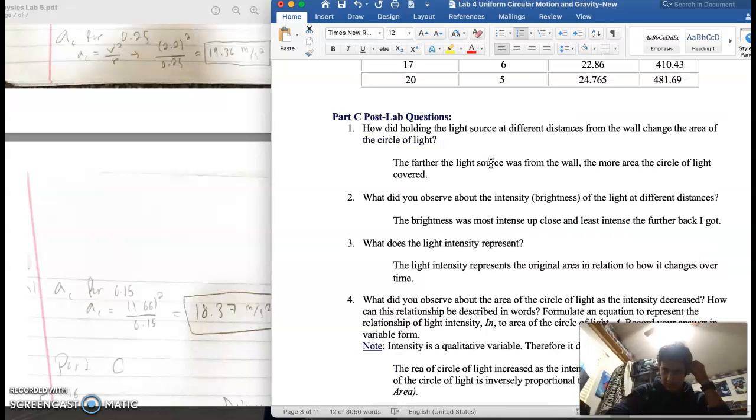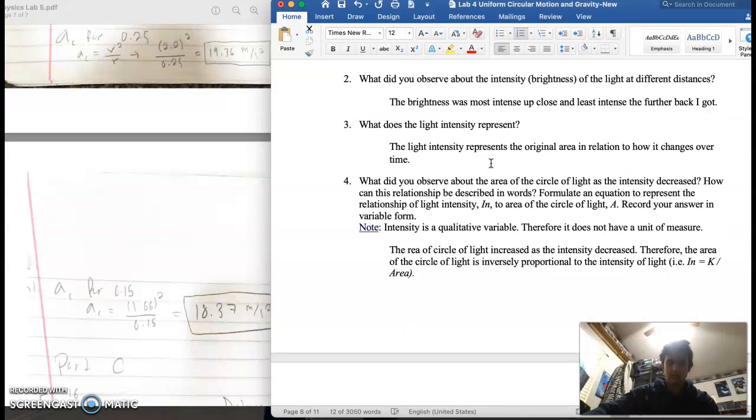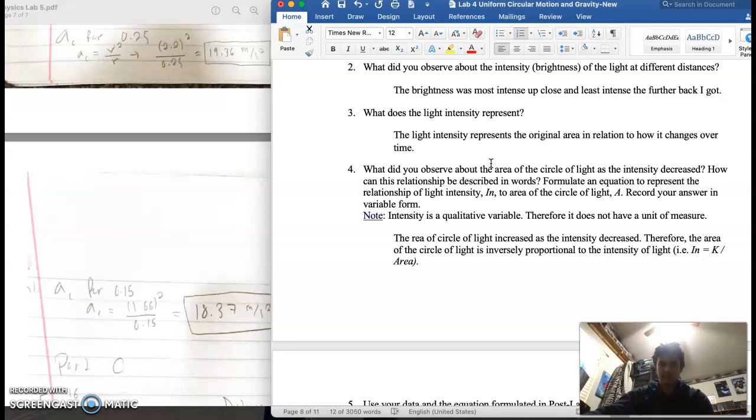Okay, for part C, finally, holding lights. The farther the light source was from the wall, the more the circle of light covered, so bigger surface area. However, the brightness was most intense up close and least intense the further back you got. The light intensity represents the original area in relation to how it changes.